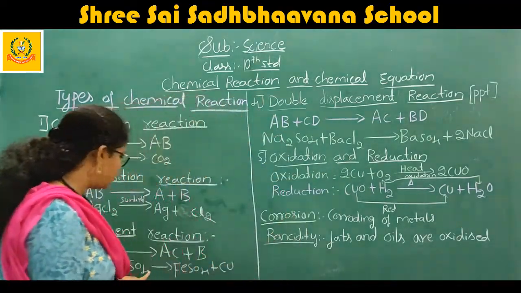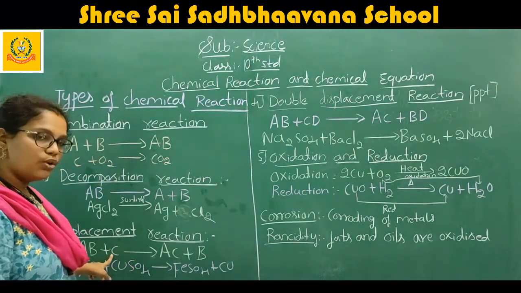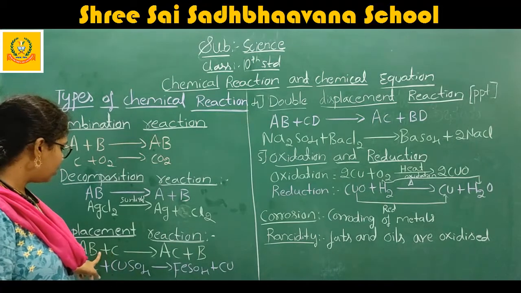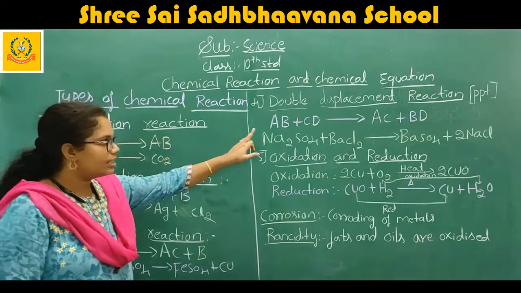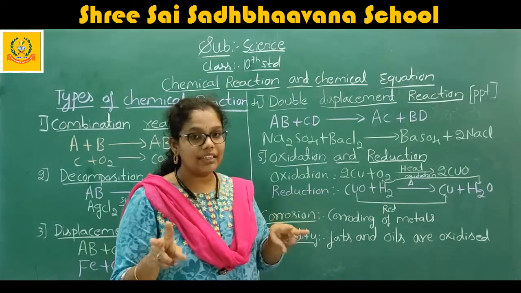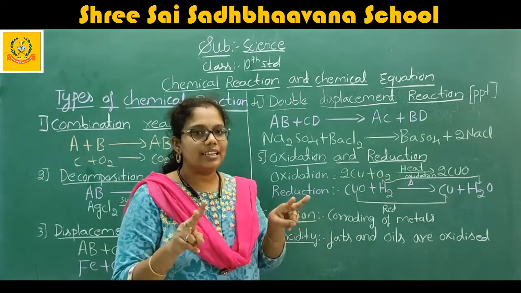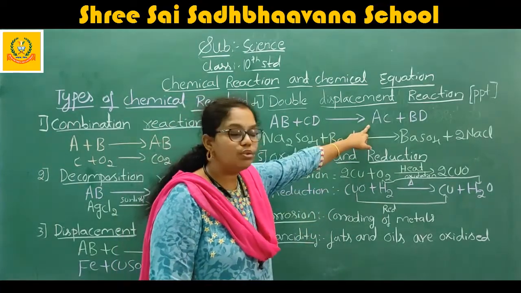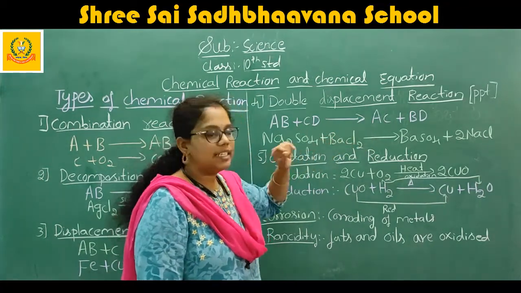What is this precipitation reaction or double displacement reaction? In the displacement reaction, the lower constituent is replaced by the higher constituent. But in the double displacement reaction, both the reactants are replaced to give two new products. What is the double displacement reaction?